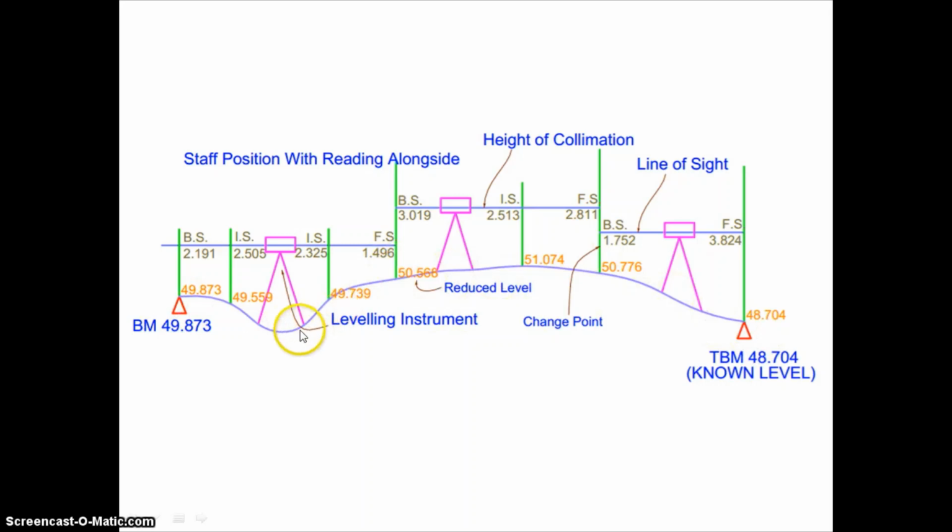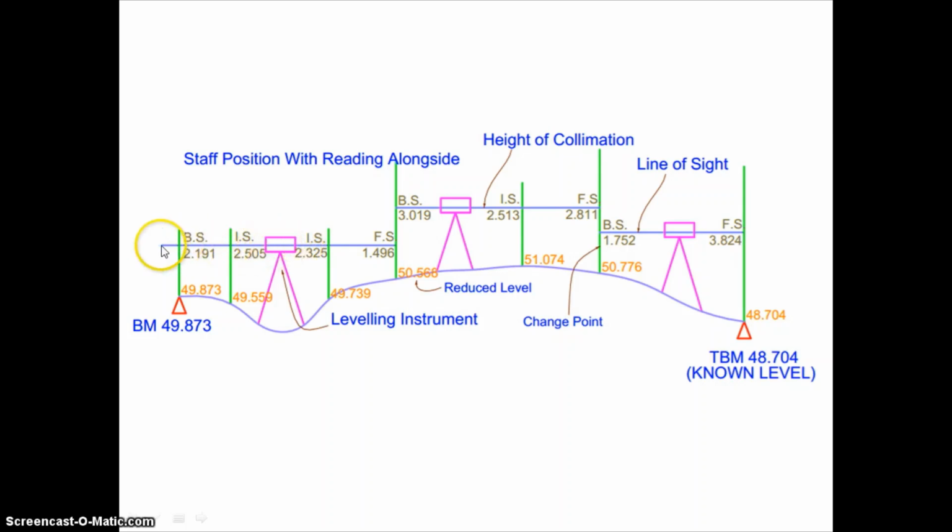You will not always find level ground; it will be somewhat undulating. As I told you, you have to do your setup and some temporary adjustment of the level, and once you complete all this activity, you take your first reading. You can see here the tripod, and this is your level. It will be an auto level or dumpy level, and this is the line of sight.